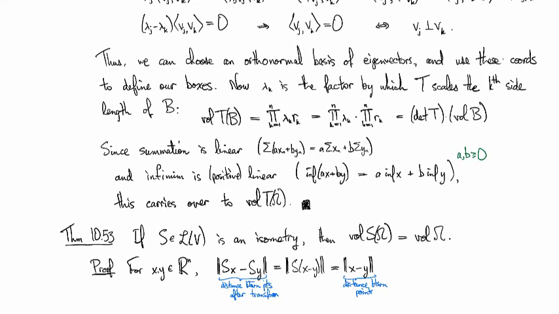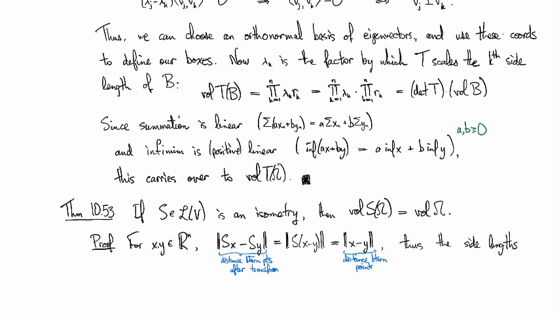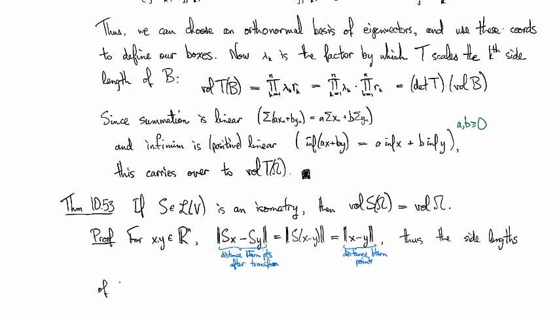So no side lengths change. And so in particular, the side lengths of a box B are unchanged.